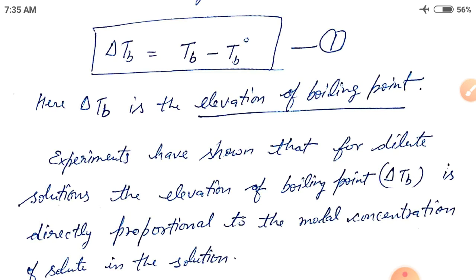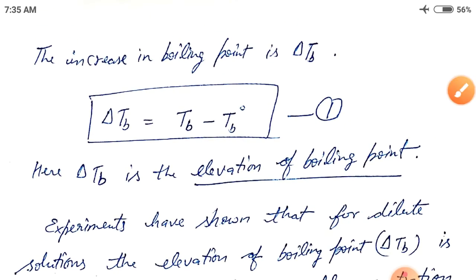Experiments have shown, and this can also explain why at high altitudes pulses are not boiled at their boiling points. They take longer due to the lower atmospheric pressure. So that's why.